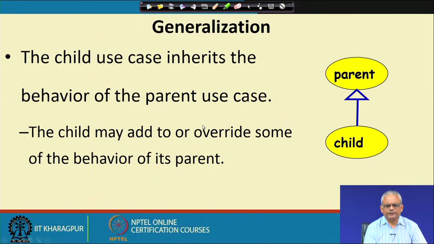Here there is some functionality which is common to many other use cases, but then there are some minor differences. Then we show the common functionality as the parent use case or the base use case, and this is the child use case which has this functionality plus some extra functionality.